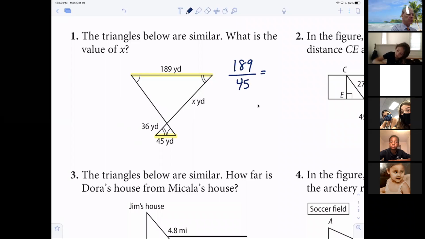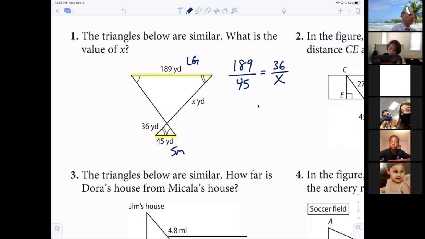36 over x. Is it 36 over x? Yeah. It should be. Why? Well, now look. 189 is the large to the small. So it has to be large to small.